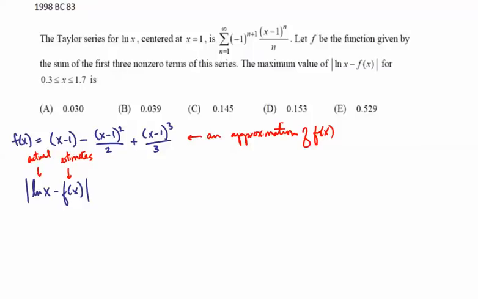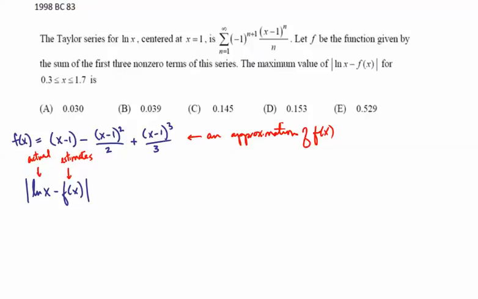So when we're working with series, this is a very common and very important expression: the absolute value of the actual minus the estimate, or the absolute value of the estimate minus the actual. They're both the same thing. Now normally we don't know what that error will be.